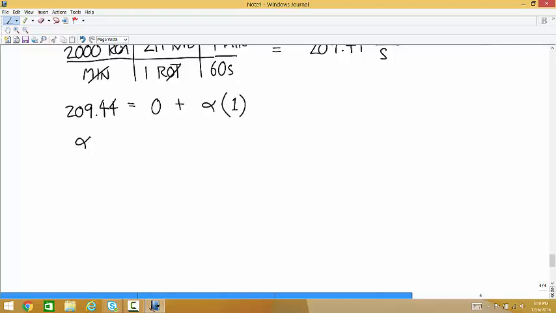And so alpha is 209.44 radians per second squared. Any questions about that part?